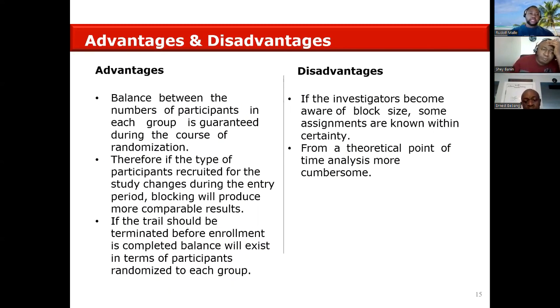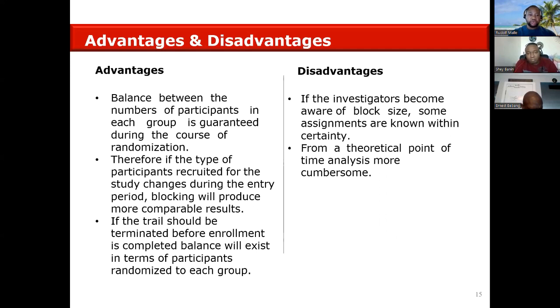So what are some of the advantages of using the blocked process? You're looking at a blocked process, looking at the balance between the number of participants in each group. Of course, you know that each group has a particular number of participants. Therefore, the type of patients recruited for the study changes during the entry period.